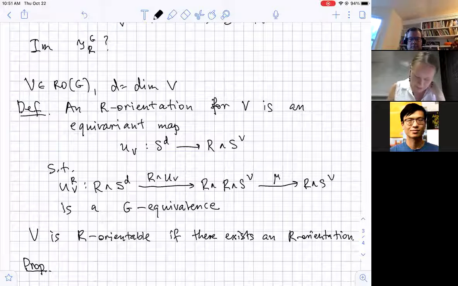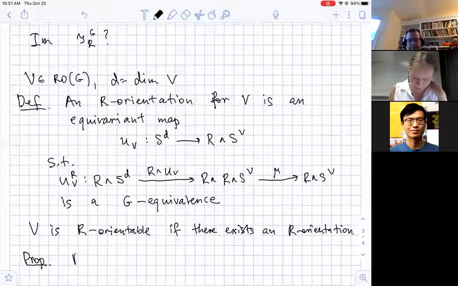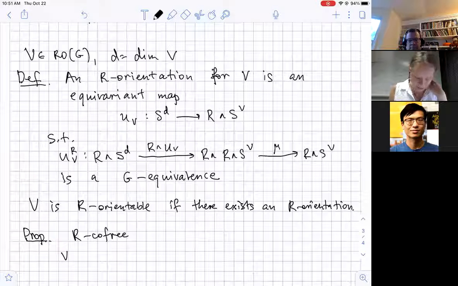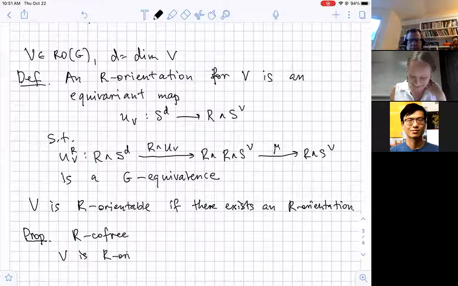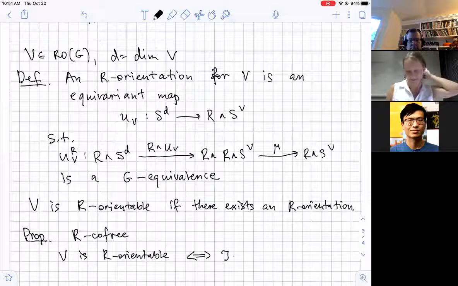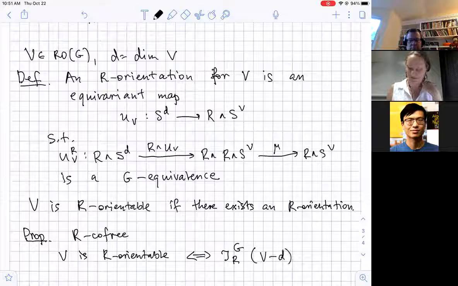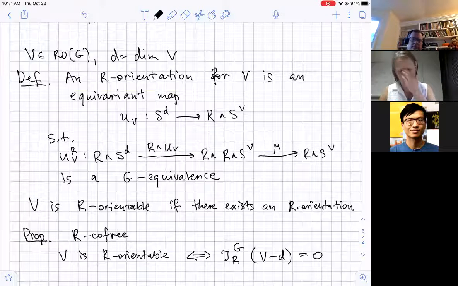If R is cofree, then a representation V being R orientable is equivalent to V minus D being in the kernel of the map J. Or in other words, V mapping to the same place as D does.